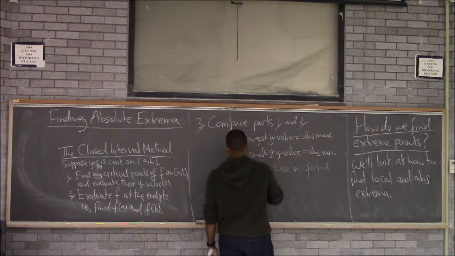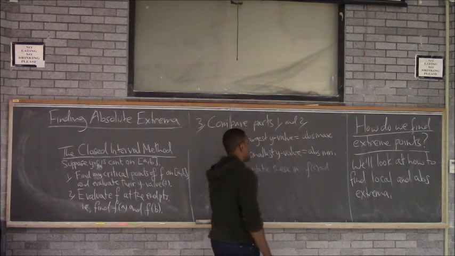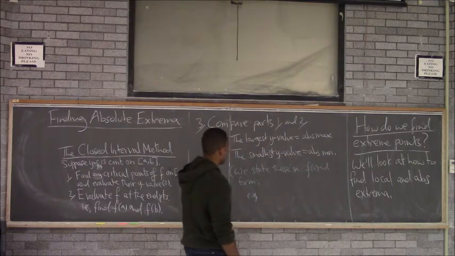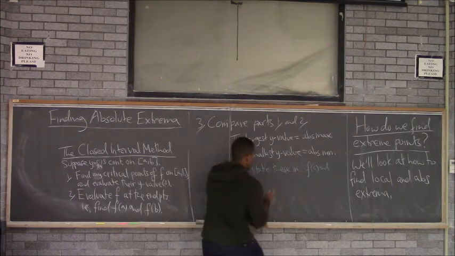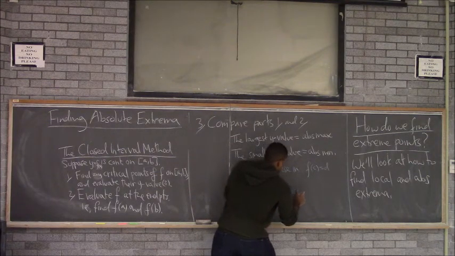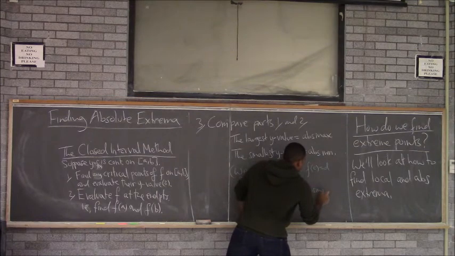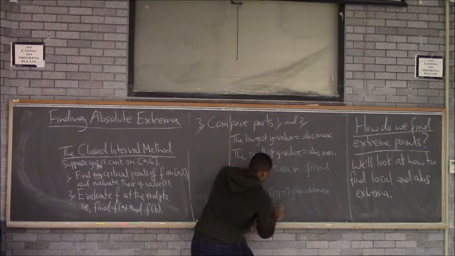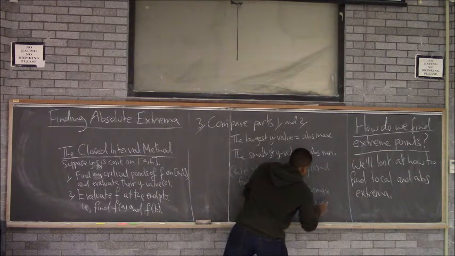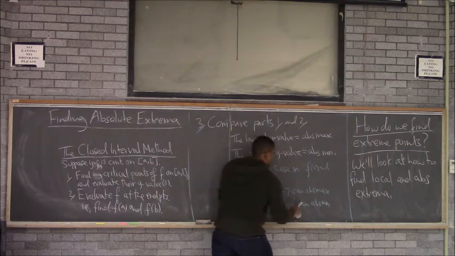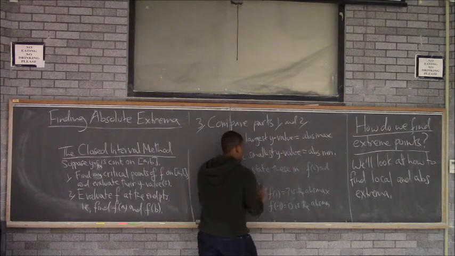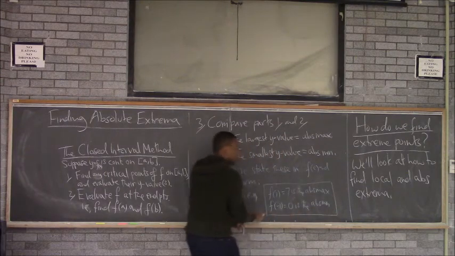So, for example, an answer to a problem could look something like f of 1 equals 7 is an absolute max. f of minus 1 equals 0 is an absolute min. Or you actually could say d here, and that would be your answer. You state it like that.